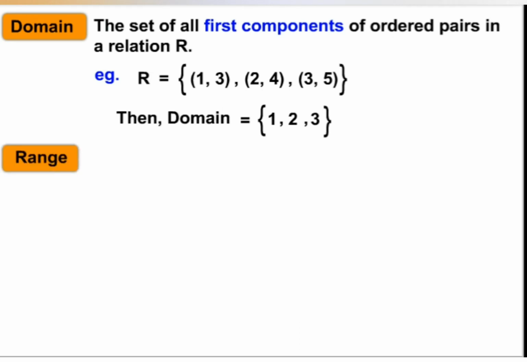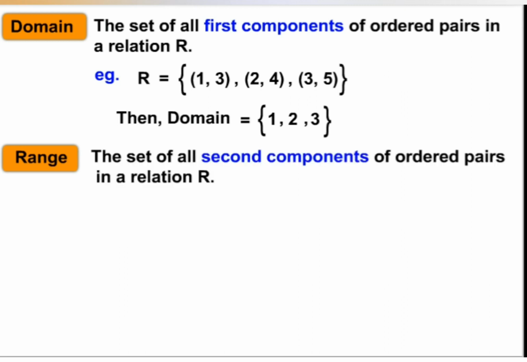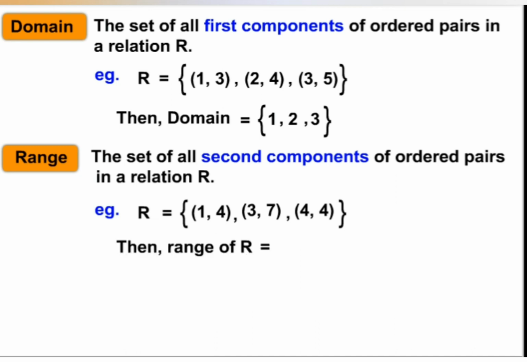Range. The set of all second components of ordered pairs in a relation R. For example, R is a set {(1, 4), (3, 7), (4, 4)}. Then the range of R is equal to {4, 7}.